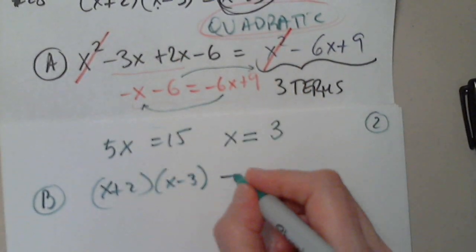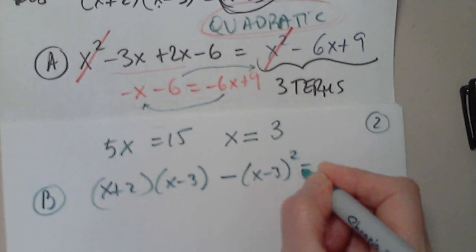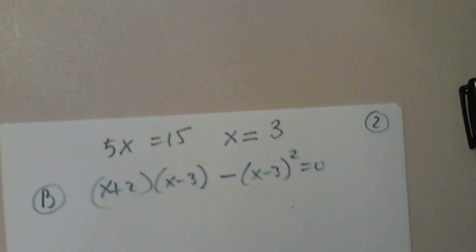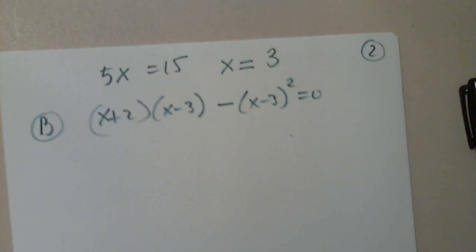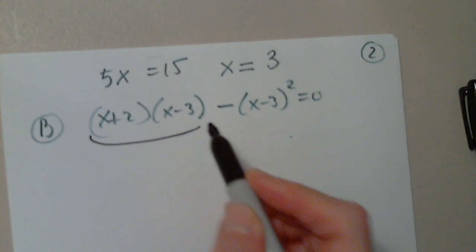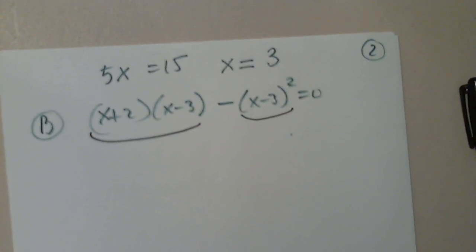I move this term to the other side. And I will factor out the common factor. Can anyone tell us the common factor? What is the common factor of this term and this term? x minus 3. That's it.